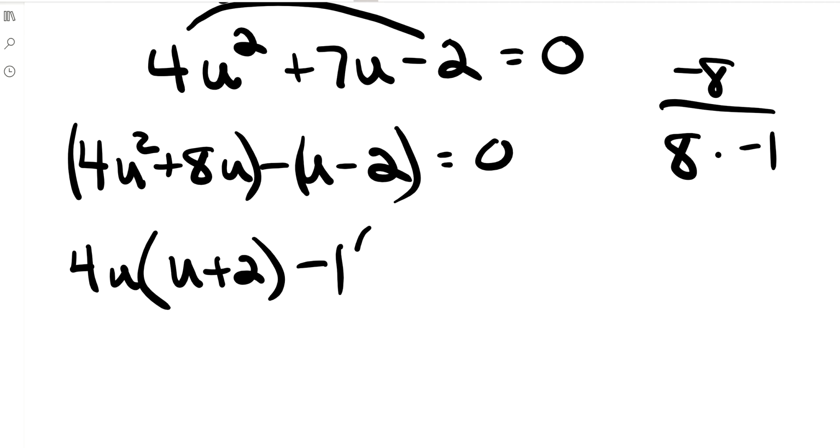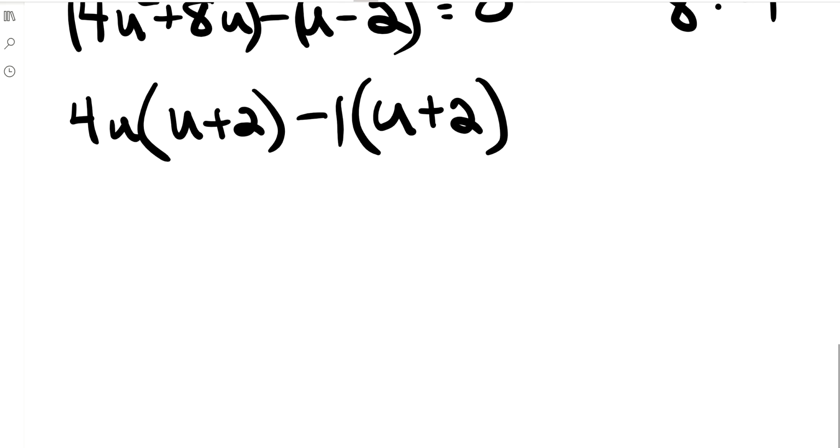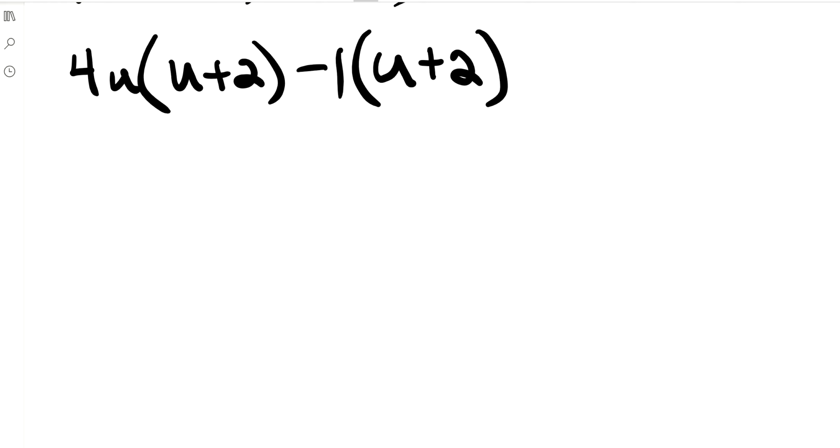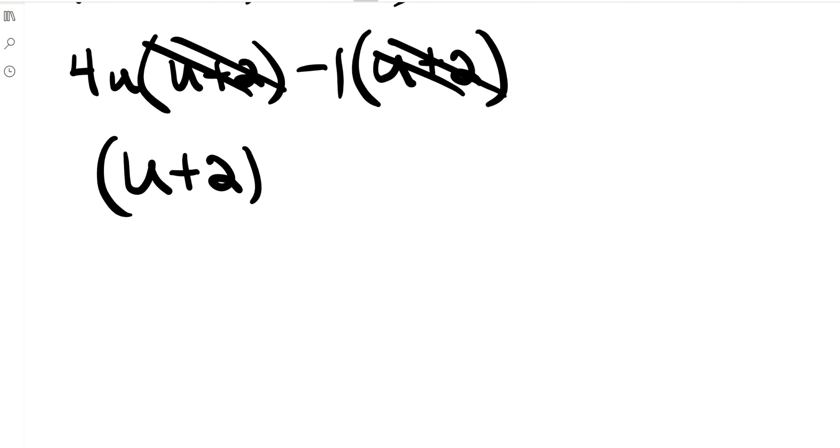And then what's left over is u. Negative 2 divided by negative 1 is positive 2. And there we go. So then I'm going to factor out the common binomial factor of u plus 2. Cross them off and say what's left over? 4u minus 1.